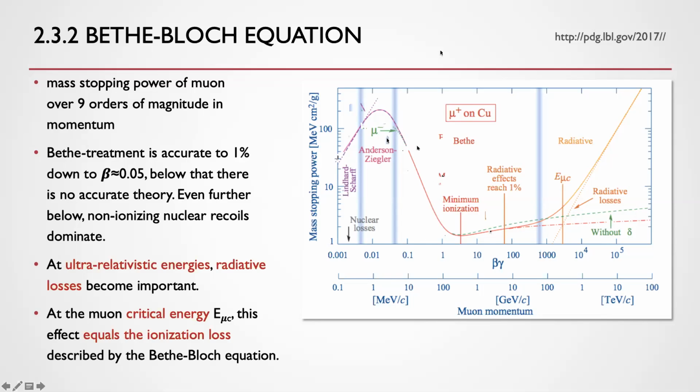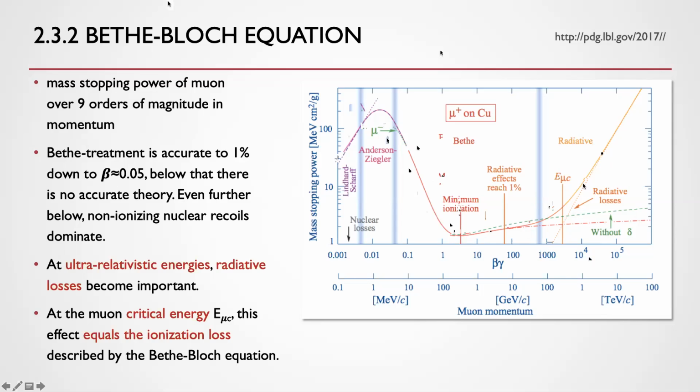So once again, a 1 over beta squared term, a minimum ionization region at the beta gamma of roughly 3 to 4, then a log gamma rise, and then at the very highest energies, what we've not so far discussed, you get radiative losses from Bremsstrahlung. But Bremsstrahlung effects for muons only enter in the TeV regime.